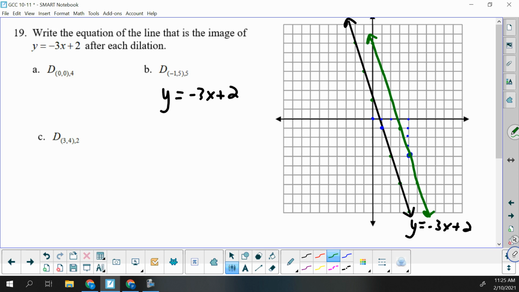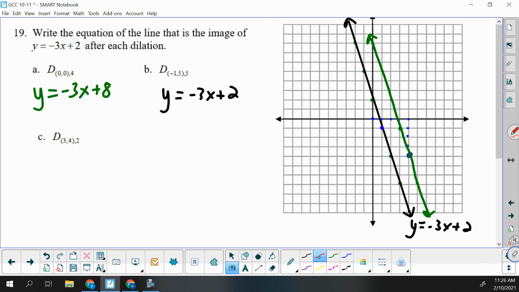We know it's got the same slope, y equals negative 3x, and then just see where we're crossing the y-intercept. 2, 4, 6, 8, so it's negative 3x plus 8. So you just dilate one of your points and then follow the same slope because they will be parallel.